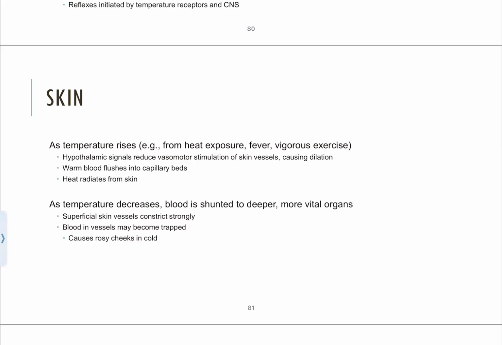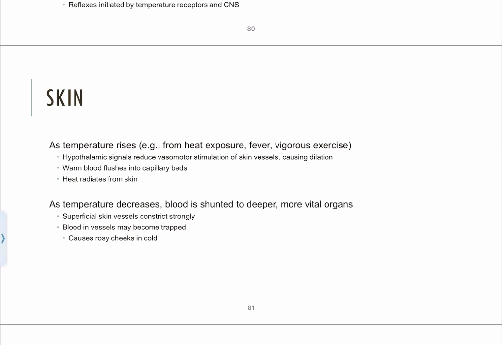from heat exposure or exercise, our hypothalamus is going to send a signal to help reduce the vasomotor stimulation of our skin vessels. If we reduce the vasomotor stimulation of our skin vessels, that's going to cause vasodilation. If we're dilating our blood vessels, all the warm blood is going to rush into these capillary beds, allowing the heat to escape from our skin.